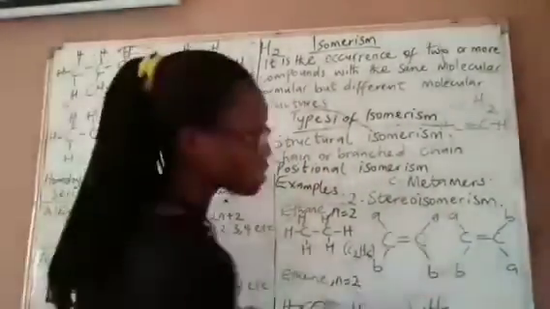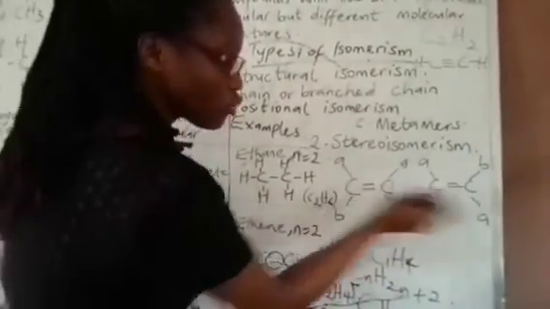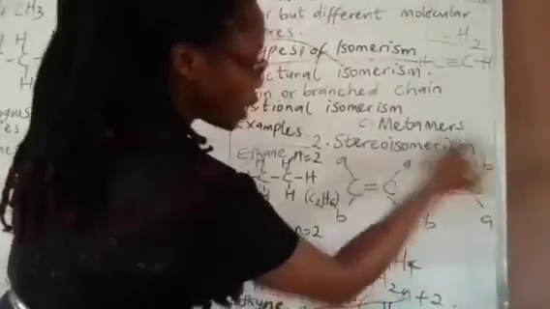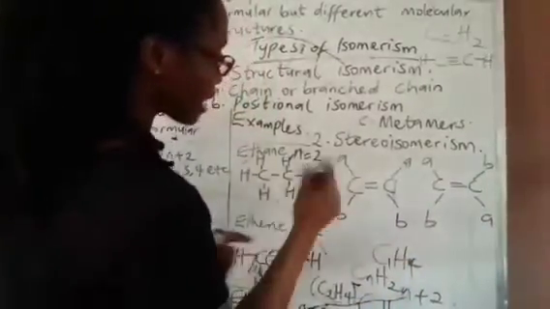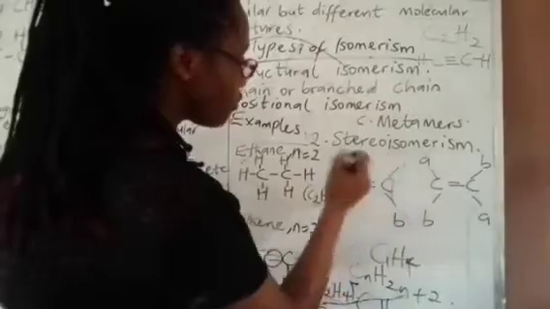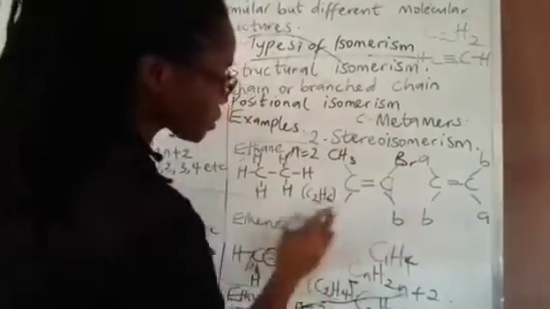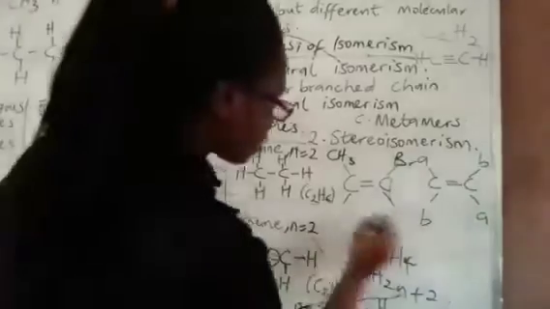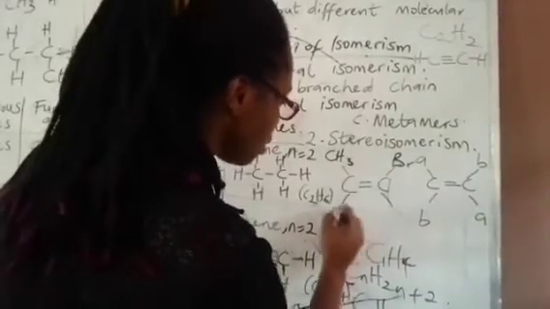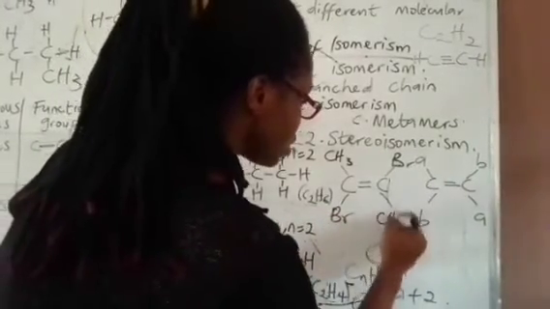Then we also have the stereoisomerism. This particular isomerism takes place mostly in alkenes, where there is presence of double bond. It can still take place in that of alkynes, but most times in alkenes, presence of double bonds. It's just a swap in the presence of the attachments. Assume we have CH3 here, and we have bromine here. We can just have CH3, let's use bromine, and then CH3.